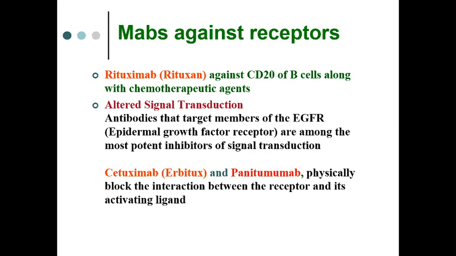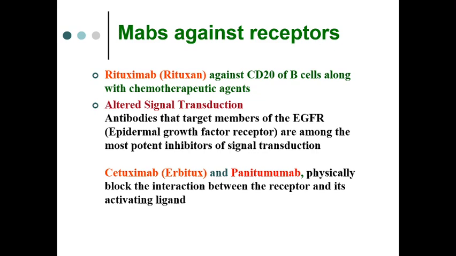Then altered cell signals. You know that in tumor cells there is overexpression of epidermal growth factor receptor. The expression of epidermal growth factor receptor facilitates tumor growth. And by blocking this receptor, that is EGFR, epidermal growth factor receptor, one can bring about control in the growth of the tumor cells. There are two types of monoclonal antibodies developed against the EGF receptor, EGFR.